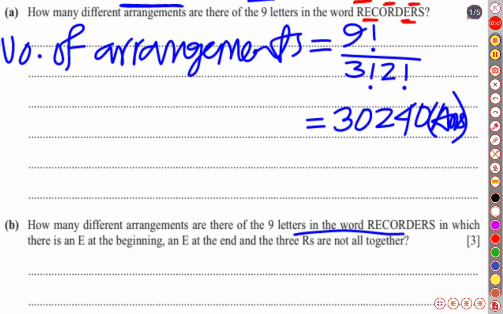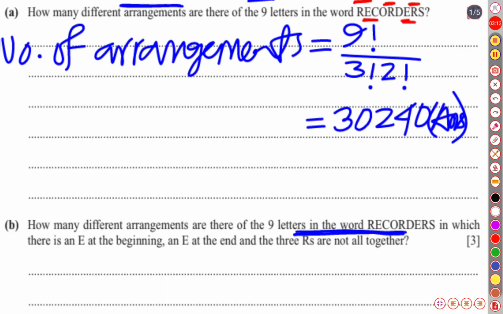Out of 2 ways, we will follow the simpler and easier way to solve this. They have written all R's are not all together. That means we will think in a reversal way. We will find the number of arrangements when all R's are together.